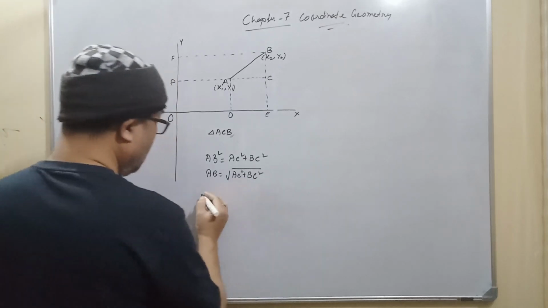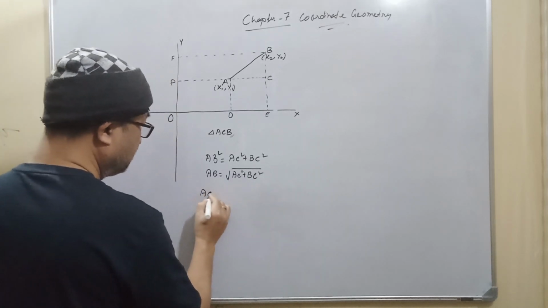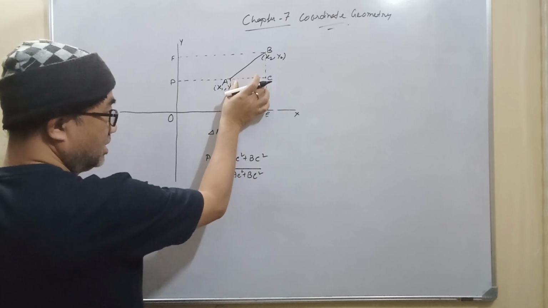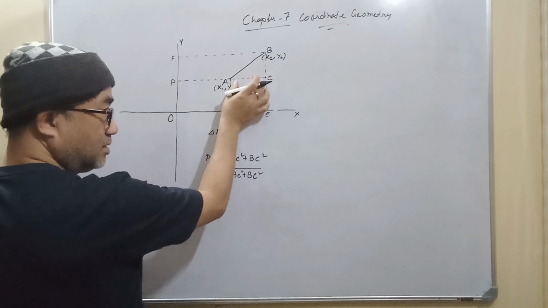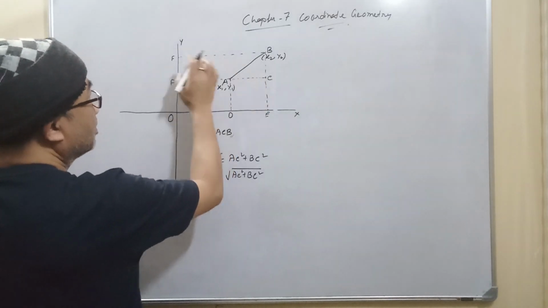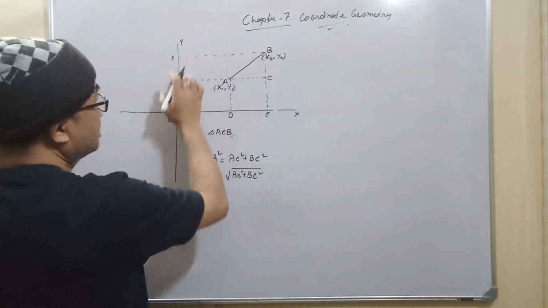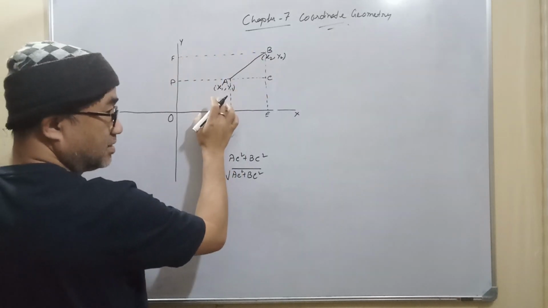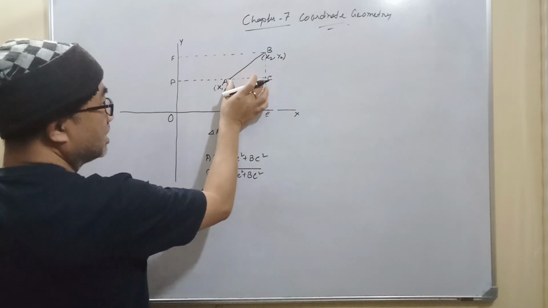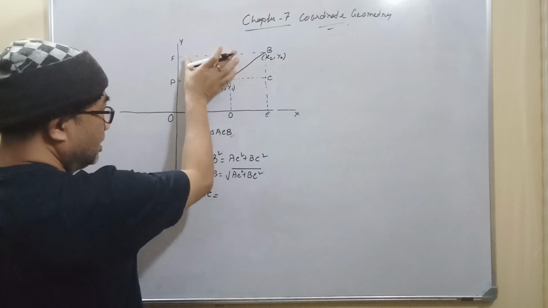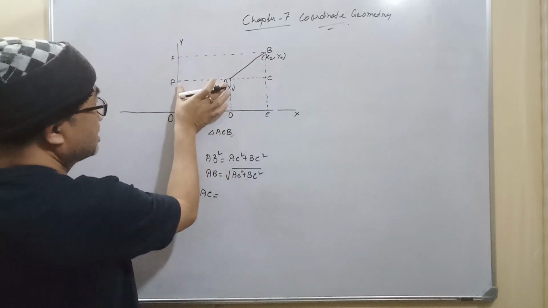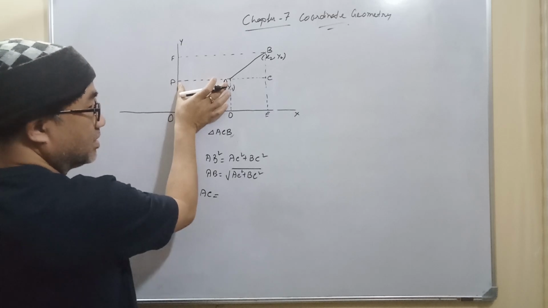Now what is AC? This distance AC is equal to this distance FB minus this distance PA.